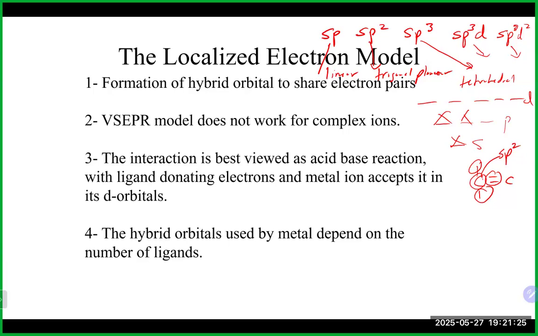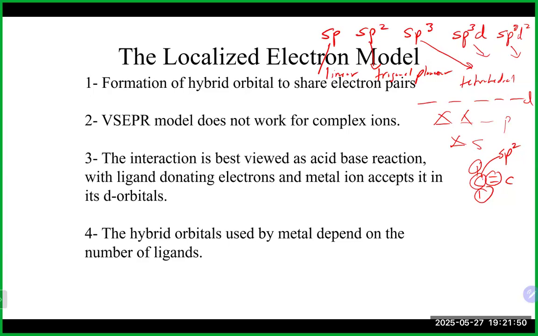Now, the interaction in complex ions can be viewed, as we've been talking about, as a Lewis acid-base situation where we're accepting electrons into those d orbitals. The hybrid orbitals used by the metal depend on the ligands that are attached. It can take a few different geometries depending on the ligands present.